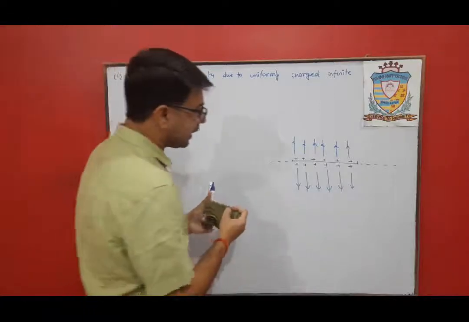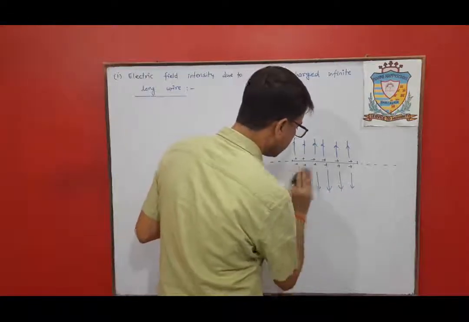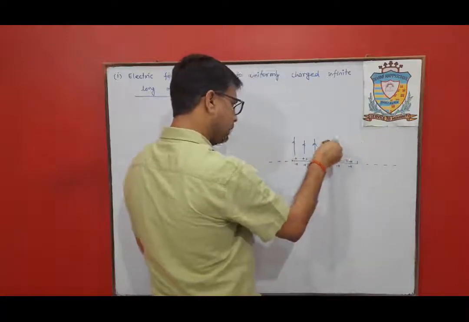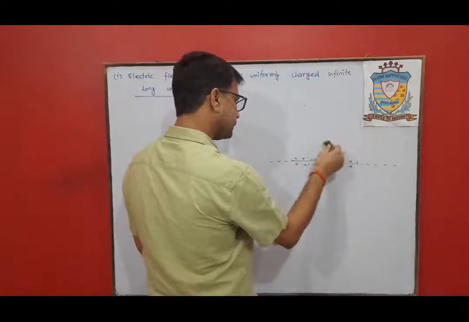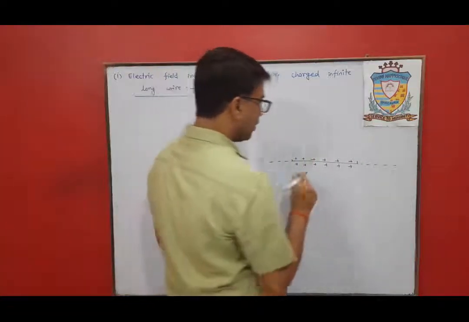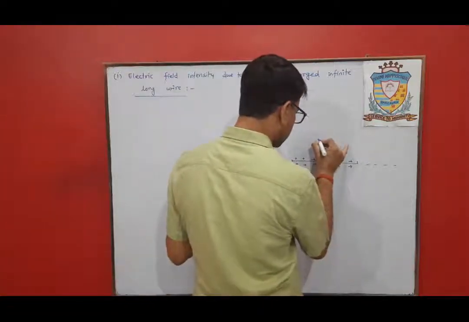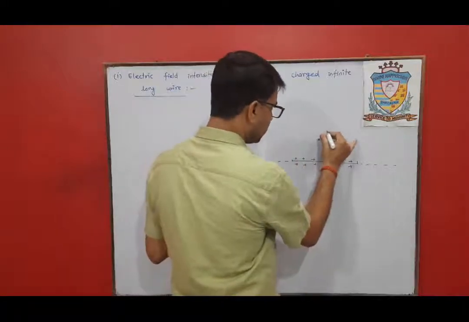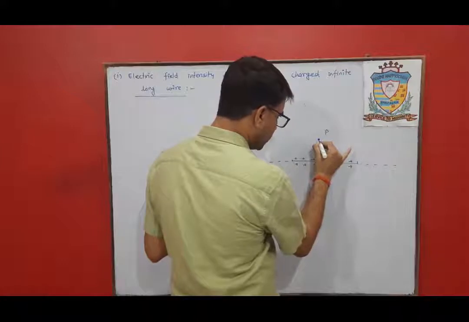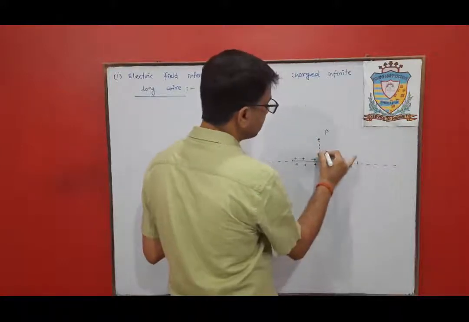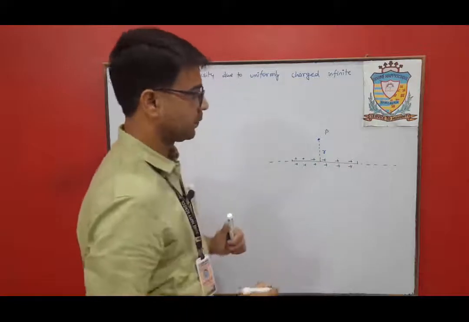Now we will consider any point P, and we have to calculate electric field intensity at P, which is at a distance of R from this wire.